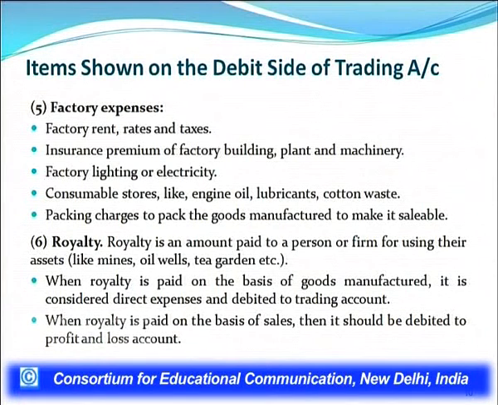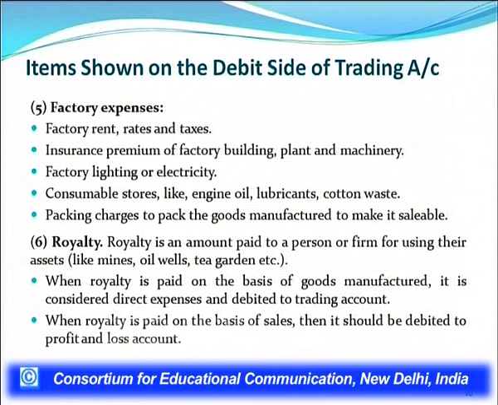Factory rates basically means the local tax on the factory building, taxes on the premises, that is house tax and property tax, then insurance premium of factory building, plant and machinery. If the factory building, plant and machinery have been insured, then the insurance premium paid will also be part of the expenses shown in the trading account.